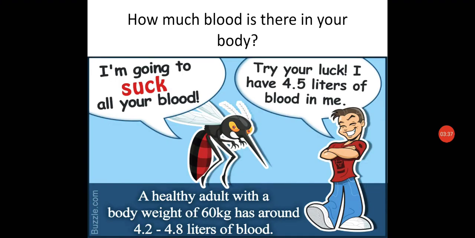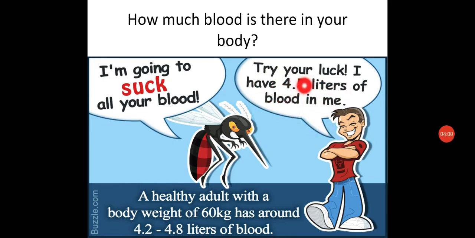Task 2. How much blood is there in your body? Here is a mosquito and it is feeling happy and saying, I am going to suck all your blood. And here is a person who is replying, try your luck.